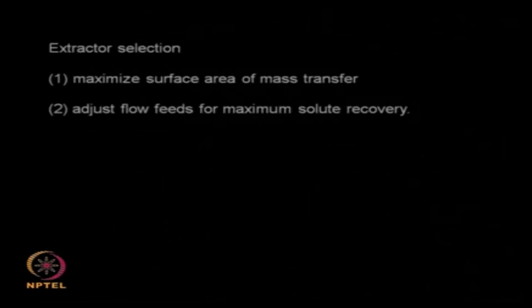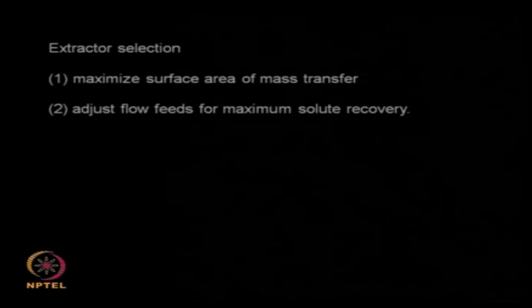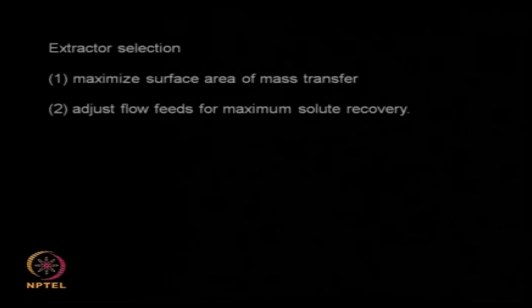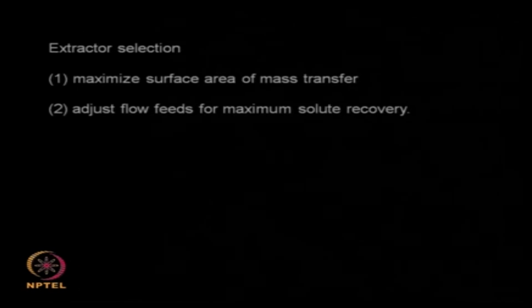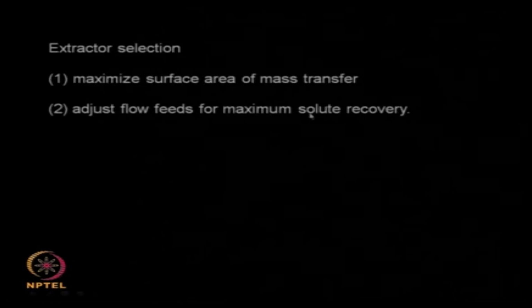So, how do you select the extractor? So, the extractor selection depends upon the concept of mass transfer. So, obviously you want to increase the surface area between the two phases, that is the solvent phase and the heavy phases. That is one thing. Other one is the flow of the feeds should be adjusted so that you get maximum solute recovery.